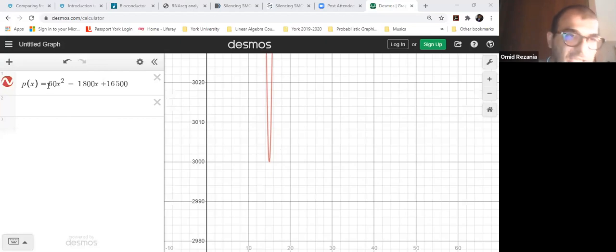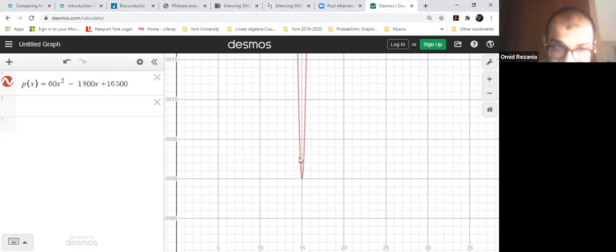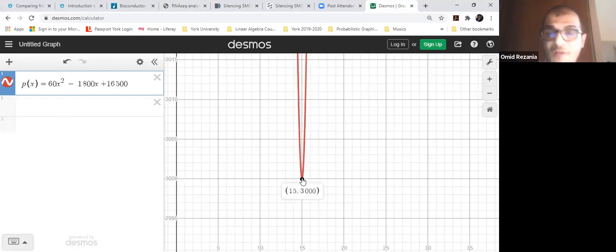The only changes I made: for minus 60x squared, which I had previously, I changed it to the plus, and for 1800, I changed it to the minus. And I'm just going to zoom the plot. You will see that it's going to be around this point, which is now 15,300. The function has a kind of hole inside.